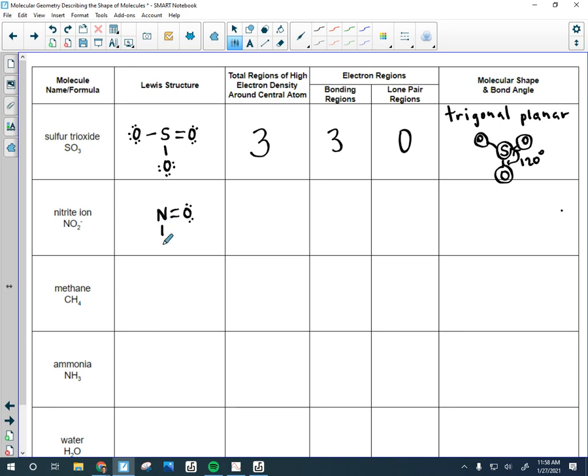And then a single bonded oxygen. And the nitrogen also has a non-bonding pair associated with it. The whole thing is carrying a negative charge. I should probably indicate that. Polyatomic ion.